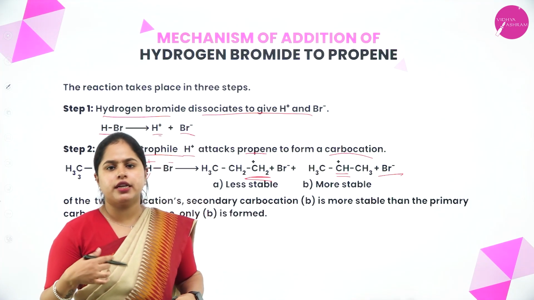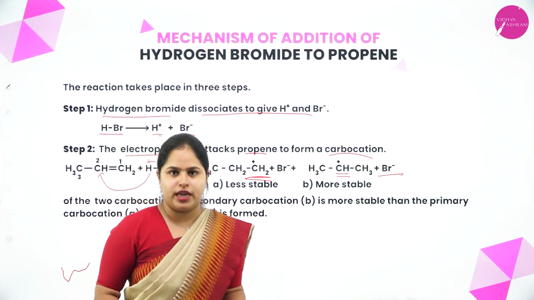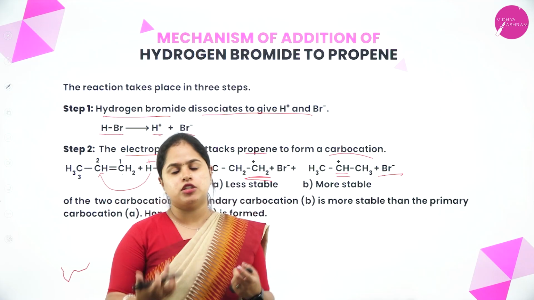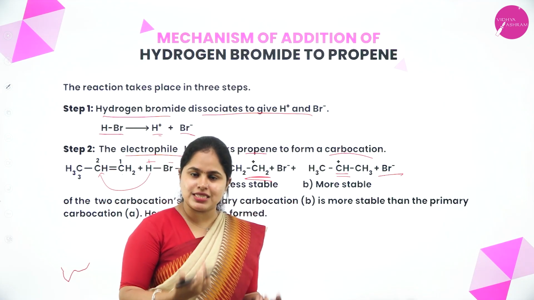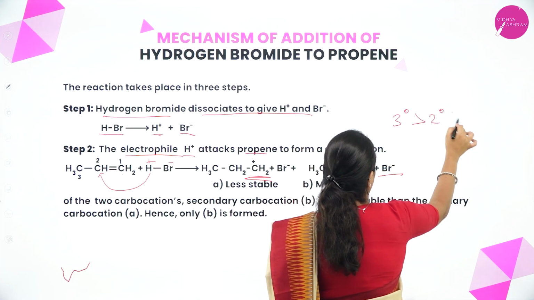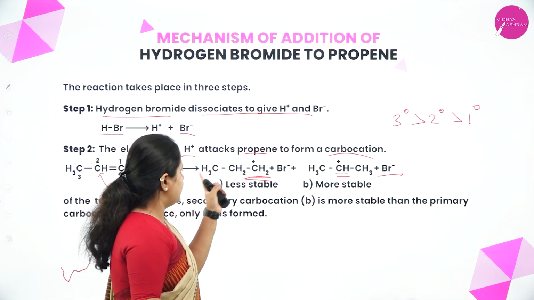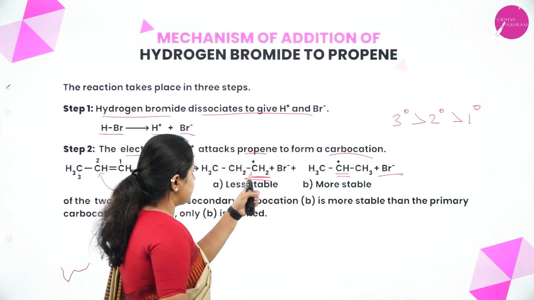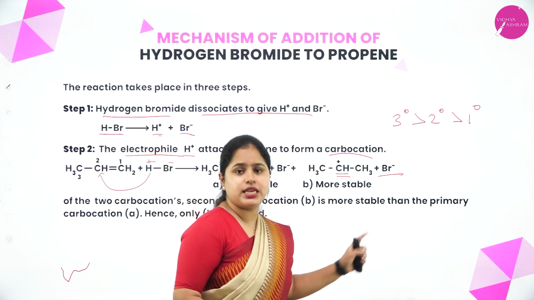You have already studied in organic chemistry the order of stability of carbocations. Tertiary carbocation will have the highest stability, then secondary, then primary. So this is the order. As you can see, there are 2 possible products. One is this one, which is a primary carbocation, and in this case you can identify this is a secondary carbocation.